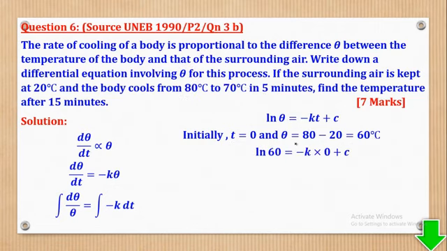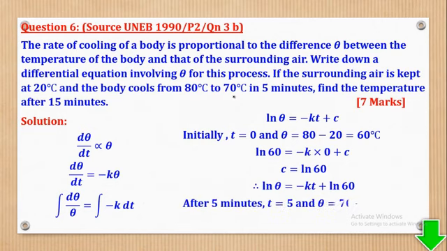So I'll come and substitute for theta and t to come up with the value of c, which is ln 60. Now this ln 60 will be replaced here to come up with that line. Then another condition is that after 5 minutes t is equal to 5 and theta is 70 minus 20, which is 50 degrees Celsius.